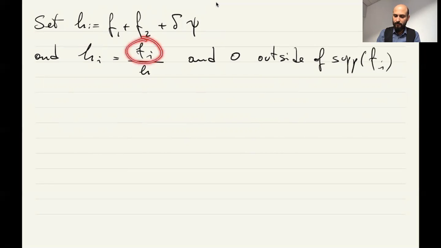So this is compactly supported, this is continuous on the support, and then it's going to be 0 outside. And then what should be clear is that these functions hi are continuous and positive and compactly supported. Okay, all of this is for i equal 1 or 2.